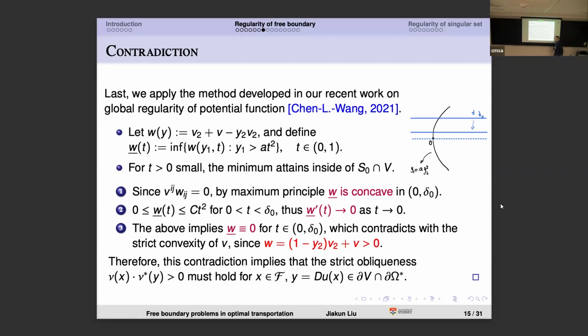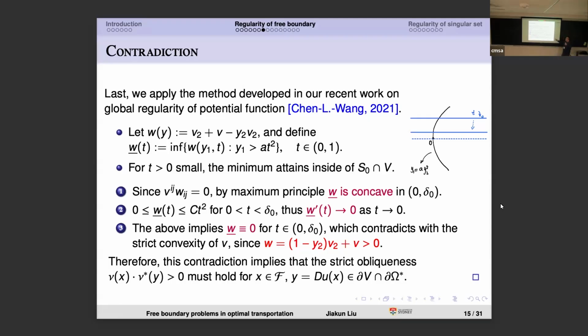Now you have a single variable function that is concave and whose derivative at the origin equals 0, so that means the function can only go down. It cannot go up. So such a single variable function in a small segment has non-positive value. But on the other hand, we know it's non-negative. So in a small segment, w underbar is constantly 0.